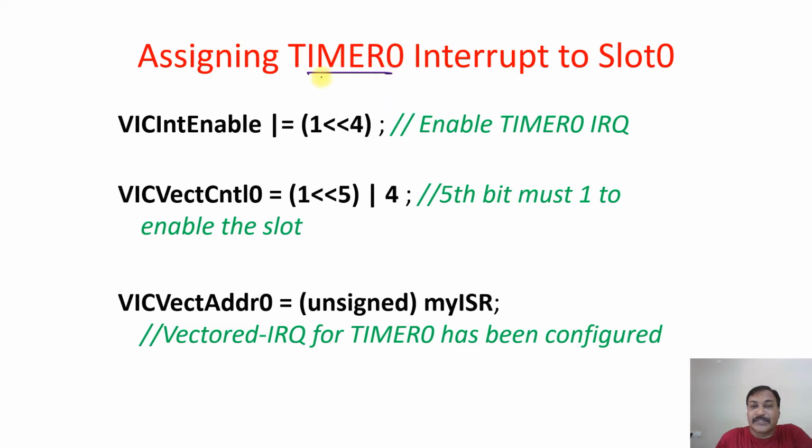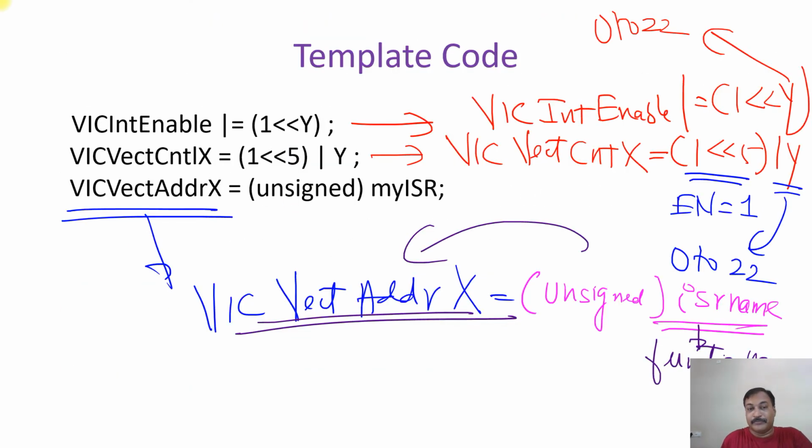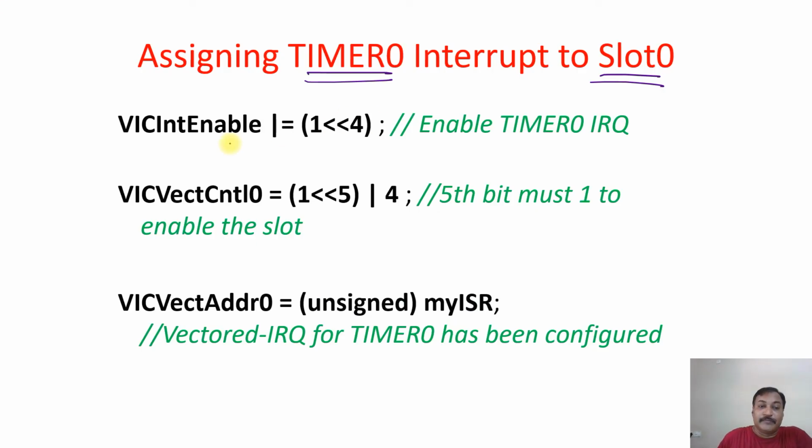First one, you assign timer 0 interrupt to slot 0. For that, you should know what is the source number of timer 0 interrupt. Timer 0 interrupt is having a source number of 4. So, vector interrupt controller interrupt enable is equal to 1 left shifted by 4. So, 4 is the source number of timer 0.